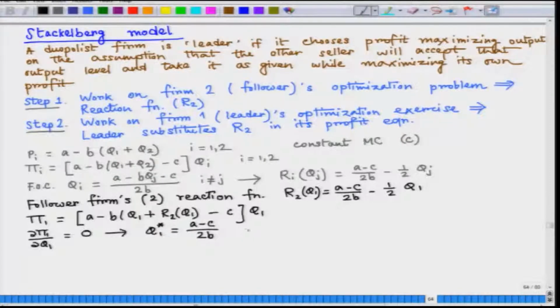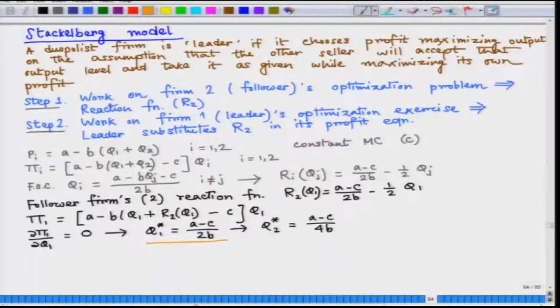You can solve this yourself, and then if you plug back this value of Q1 star in firm 2's, the follower's, reaction function which we have just derived, then you can also get this expression. This is firm 2, the follower's, profit maximizing output level when the leader has already set the output level Q1 star in the market.